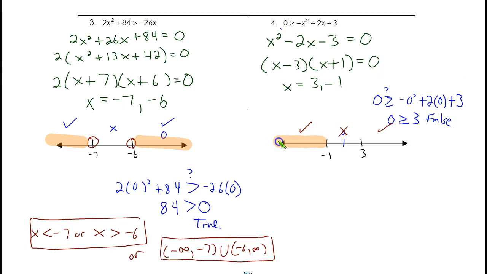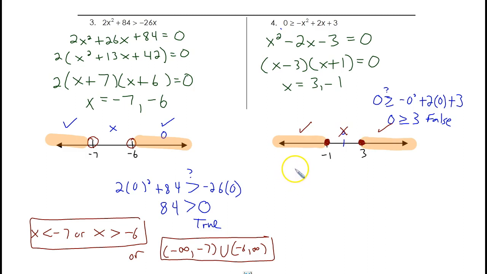We're shading to the left of -1 and to the right of 3. Do we use open or closed circles on the -1 and the 3? Because it's greater than or equal to, we know that these are going to give us equal to, so we are going to include them with actual dots.